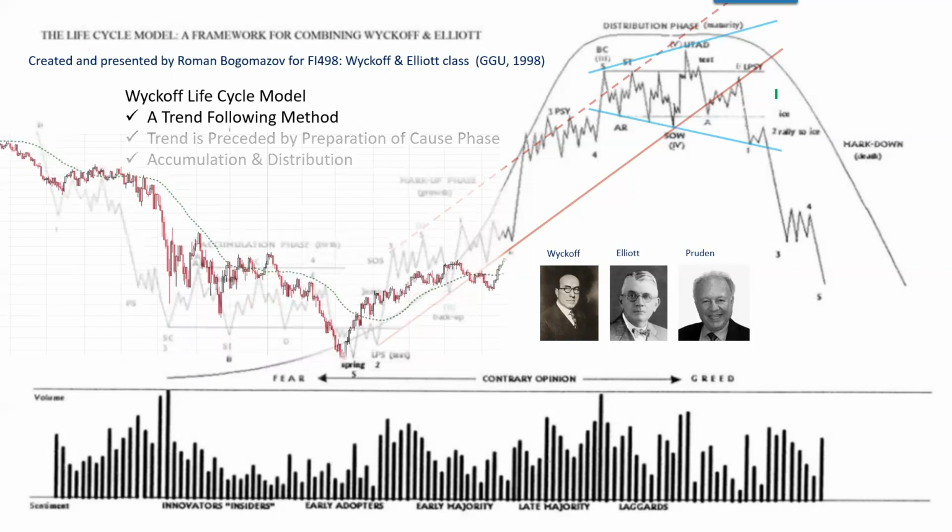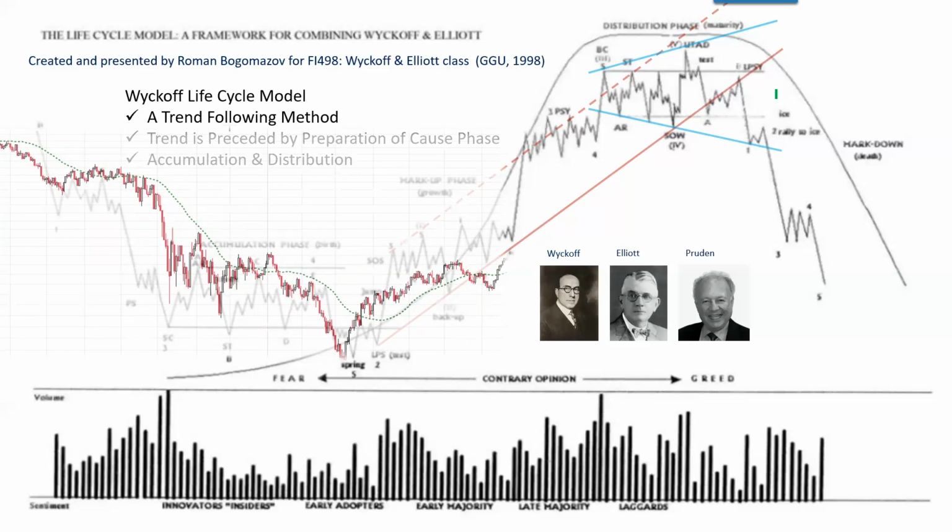Look at this particular chart overlaid on the accumulation schematic. This is the Dow Jones in 2009-10, and you can see how beautifully the accumulation with a spring or a shakeout and then the uptrend forms, very similar to our schematic model.